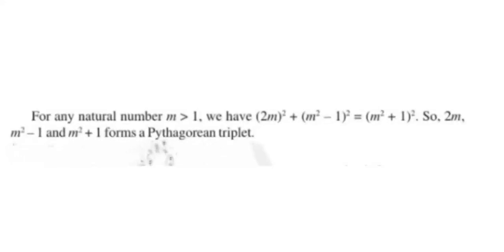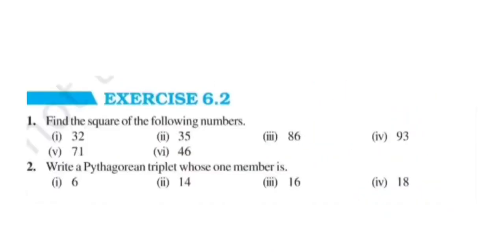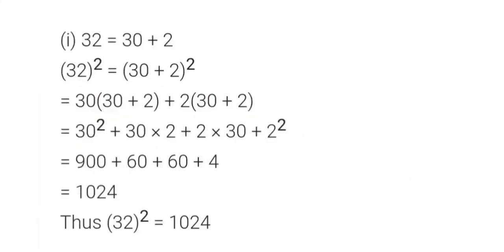Okay. See exercise 6.2 question number 1. Find the square of the following numbers. First one is 32. So this 32 we can write as 30 plus 2. Now on both sides find the square. So 32 square is equal to 30 plus 2 whole square.